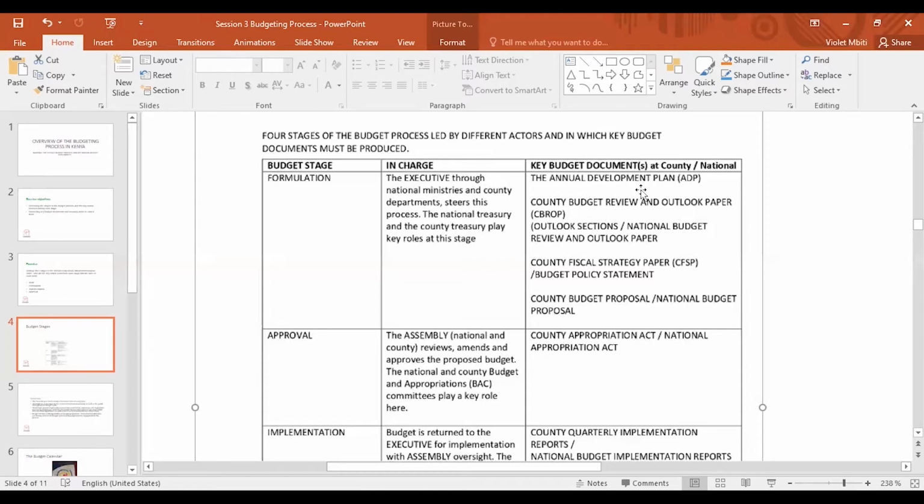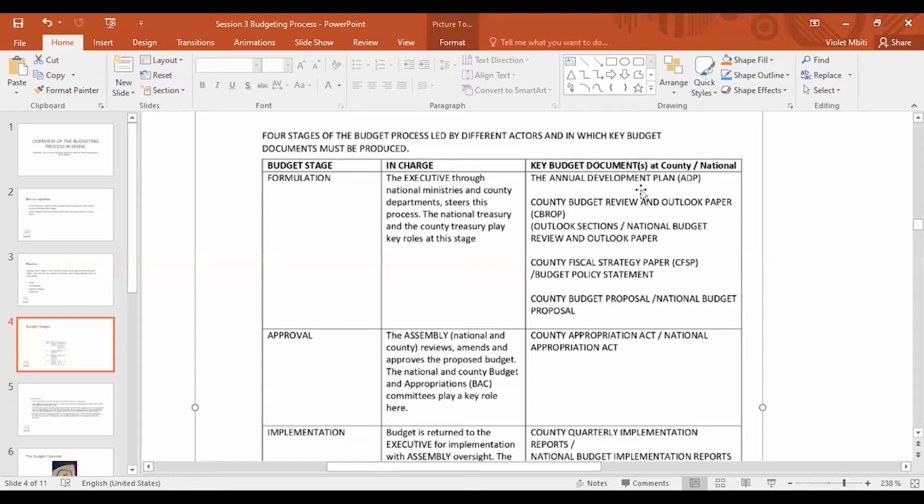The county integrated development plan is for 5 years, so the annual development plan is developed for each year. It started in 2018 to 2022. Right now we are in 2020/2021, and the budget documents that we are advocating for are for 2021/2022.